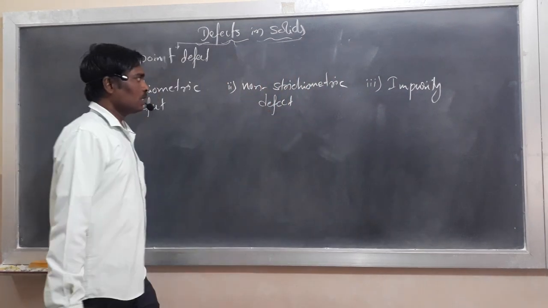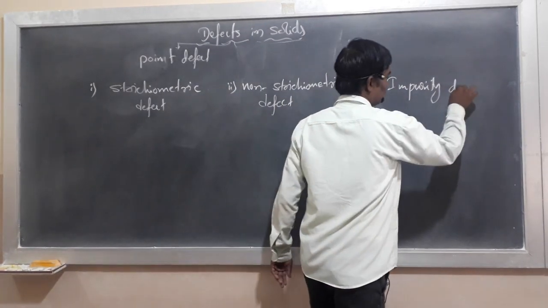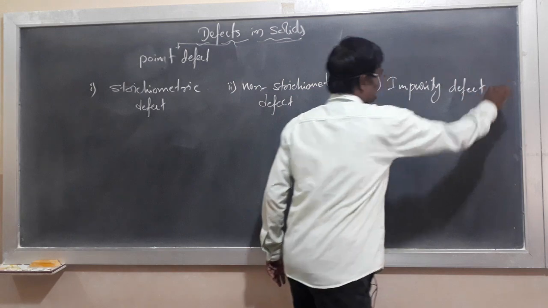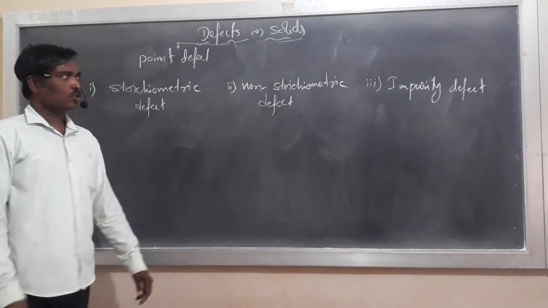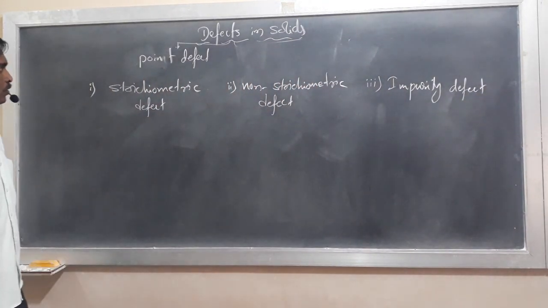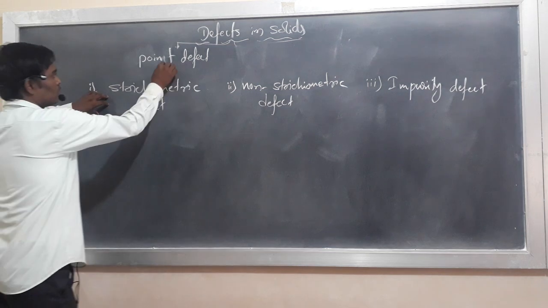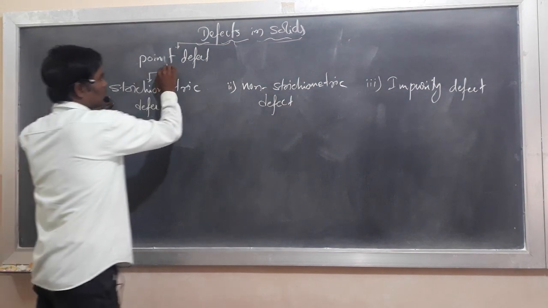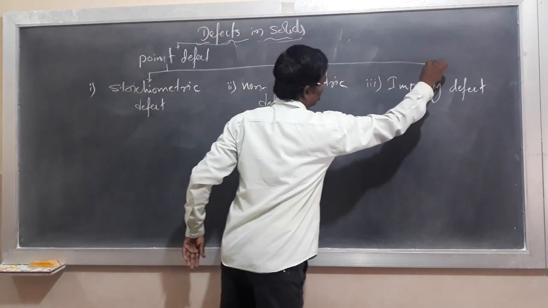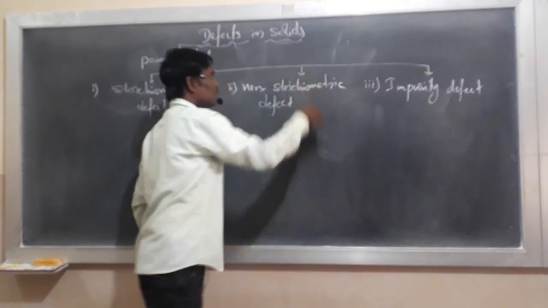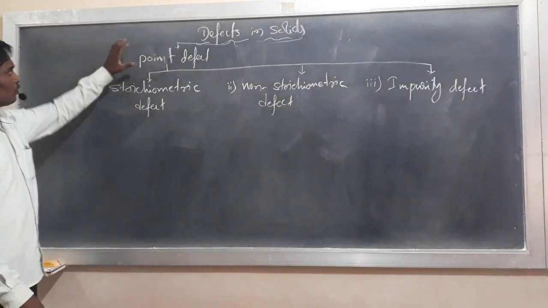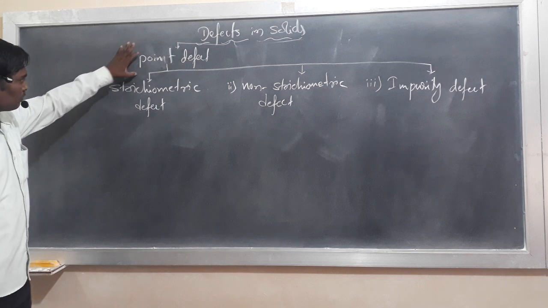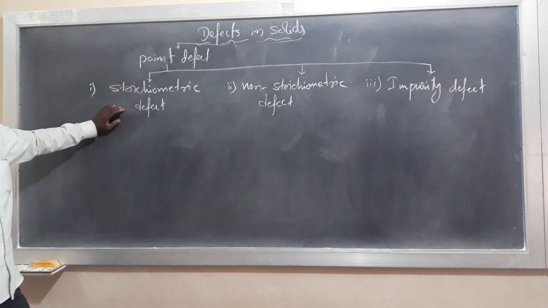We are not studying the line defects in class 12, because it is limited to only point defects. So point defects are stoichiometric, non-stoichiometric, and impurity defects.